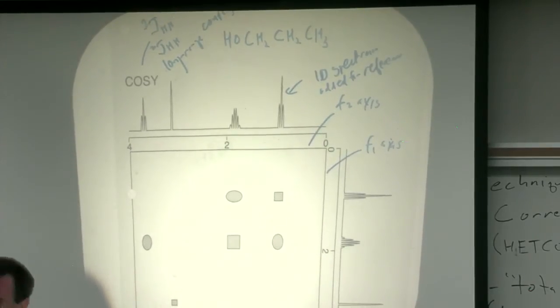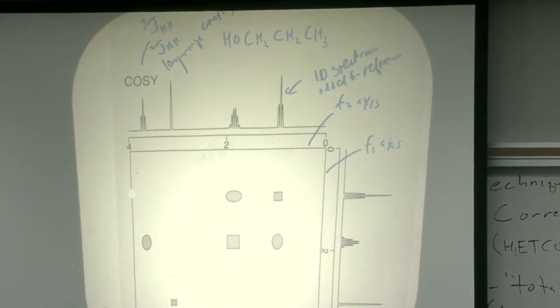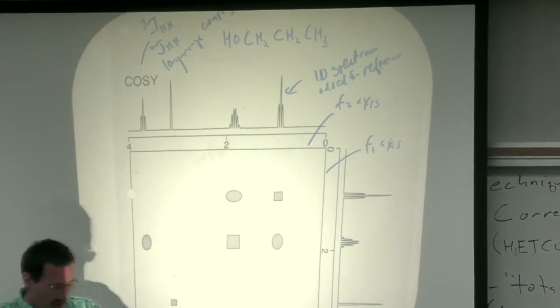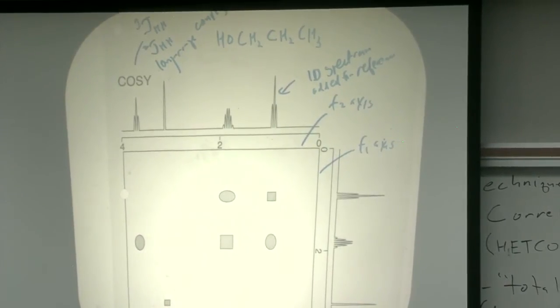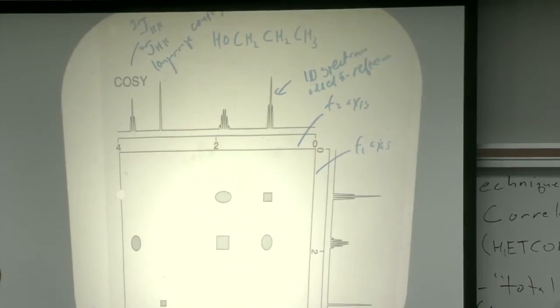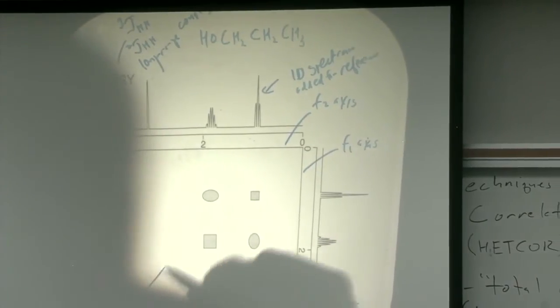So you typically, and you'll be doing this, will take a 1D spectrum and you will use it as a projection on the axis so that you see how things line up. Now, in terms of the anatomy of a COSY spectrum, this is what we call the diagonal.